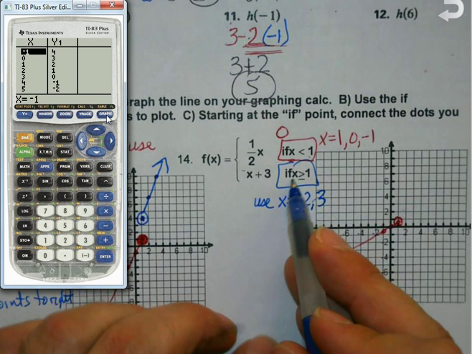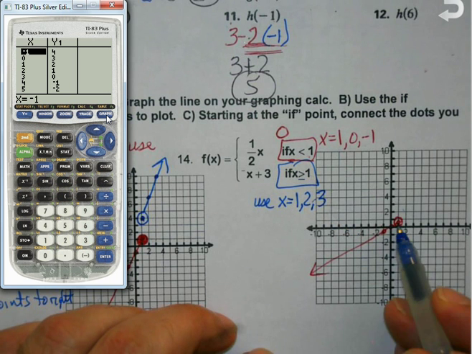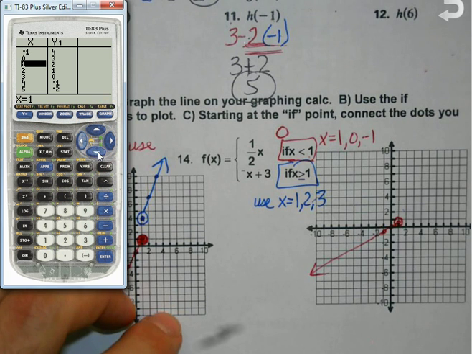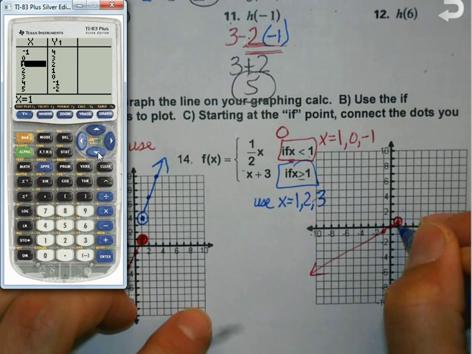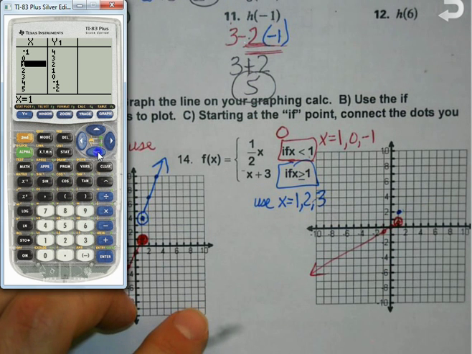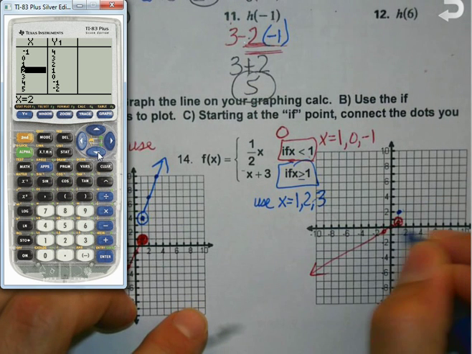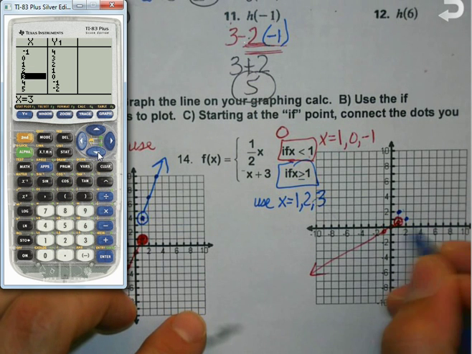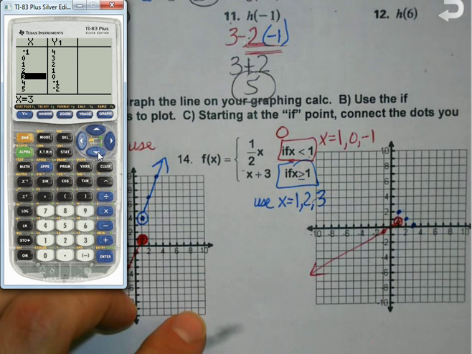So if x is greater than, if I start at 1 and go greater, I'm going to the right. Those are the values I'm looking for in the chart. So 1, I go up to 2, little dot. 2, 1. 3, 0.